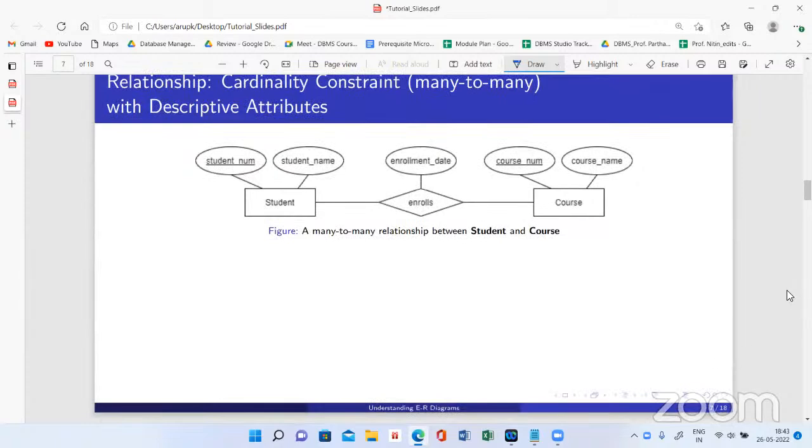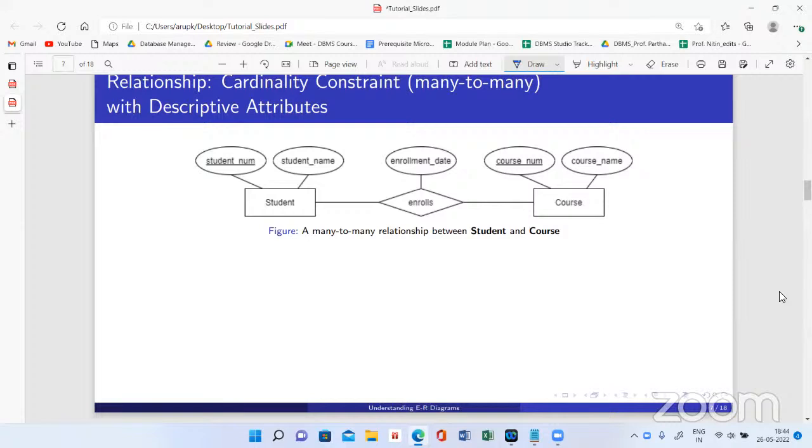Okay, how is this one different? Anyone? Date is different. It has date. So what does it signify? The relationship has an attribute. The relationship is having an additional attribute. It also keeps the information that when a particular student got enrolled to a course.